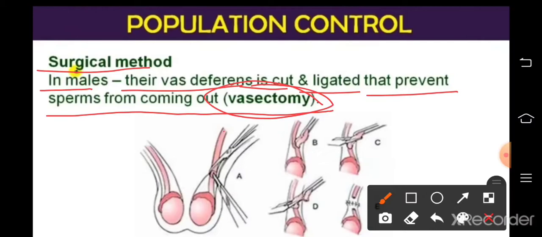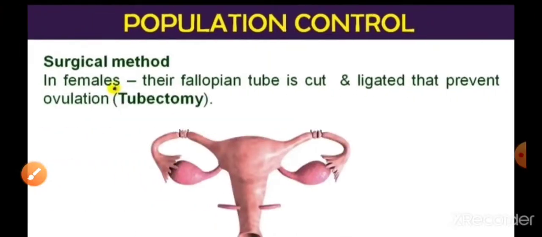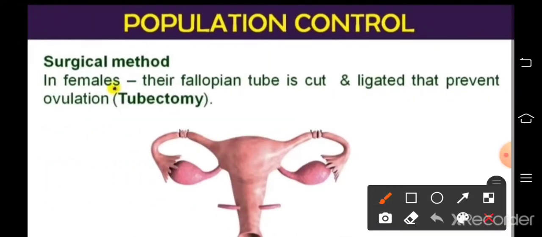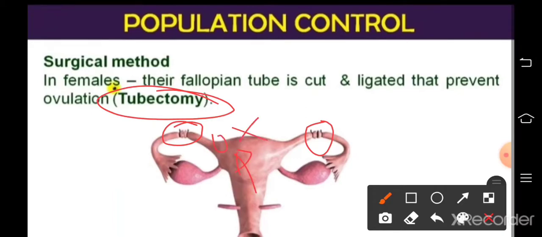In females it is called tubectomy, in which the fallopian tube is cut and ligated. You can see from here. So the ova cannot travel, and fertilization does not take place. The meeting of sperm and ova does not take place.